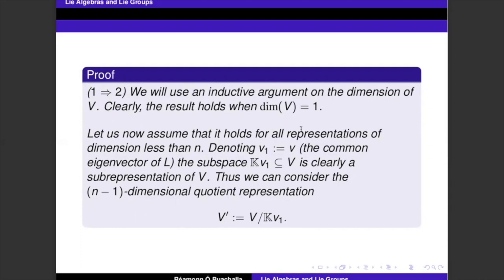Then we see that we've got a subspace because it's a common eigenvector of L. Whenever we have a subrepresentation, as we saw in the first lecture, you can always quotient out. You can quotient out by this, and then we're going to get, of course, a representation of lower dimension. We're going to call this V prime. It's going to be dimension 1 less.